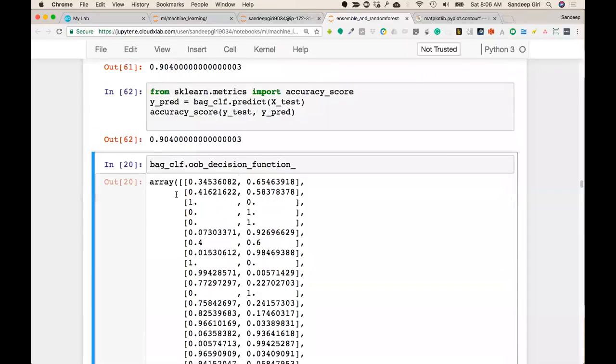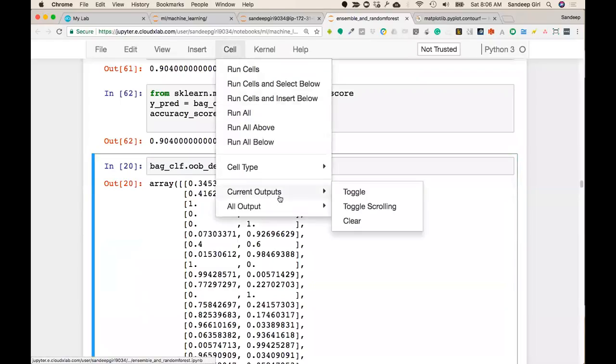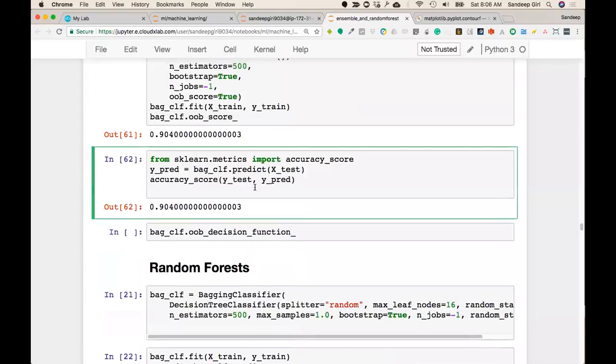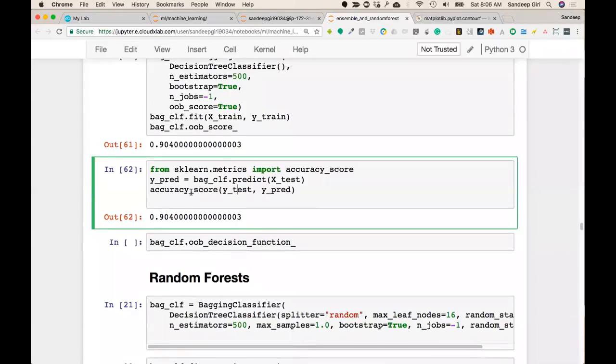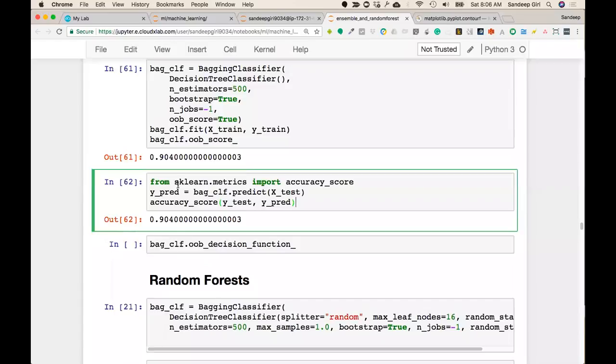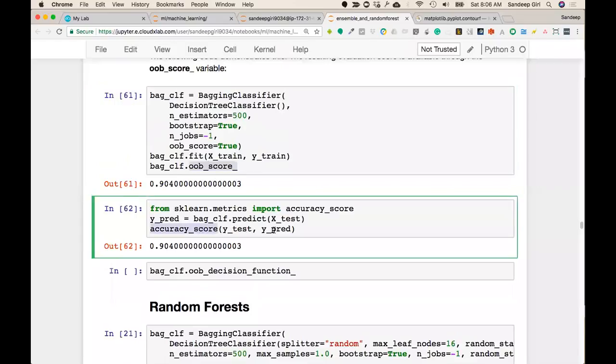Okay, actually there is a good amount of randomness here. Now here what we see is the accuracy of the out-of-bag score and the accuracy on the prediction is approximately similar.